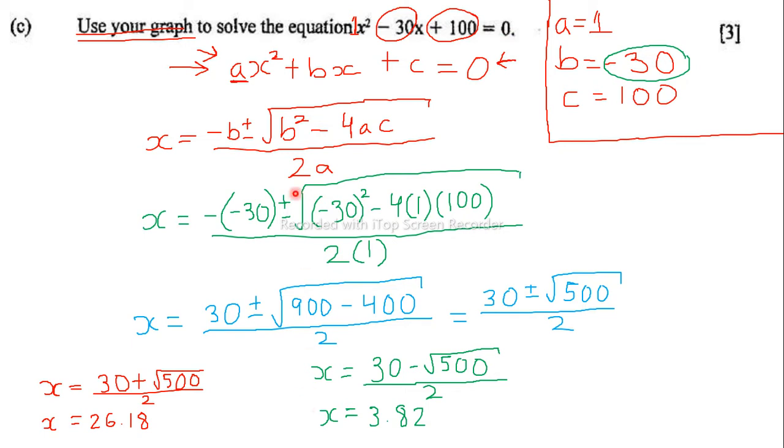But they wanted us to use the graph to solve the equation. What I did here is I solved the equation using the quadratic formula, hoping that would give me some insight as to how to use the graph to do it.